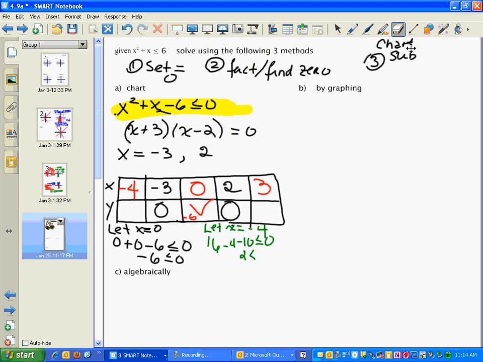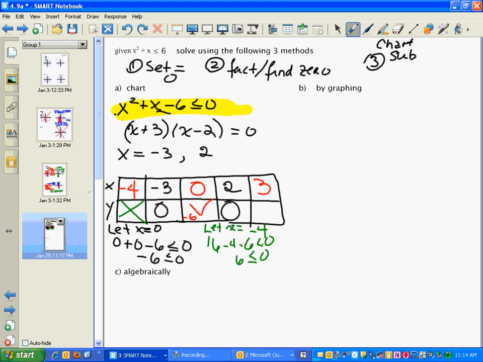Oh, no, it's minus 4 minus 6. I wrote this down wrong. So it's 6. So is 6 less than or equal to 0? I don't like that.